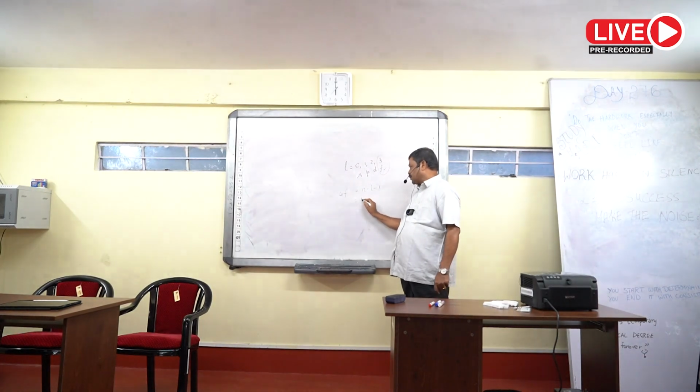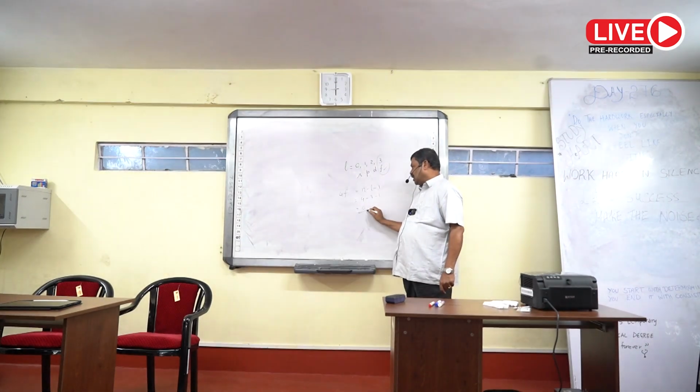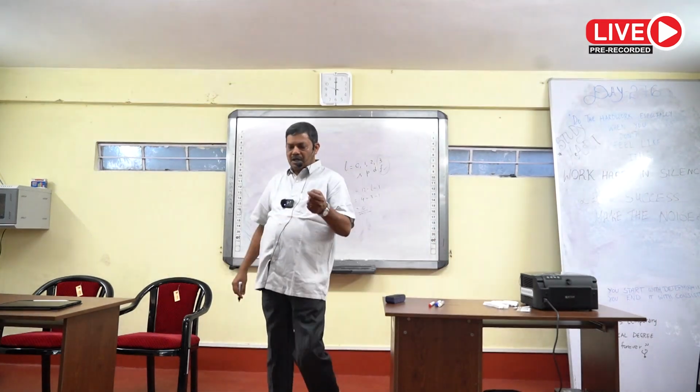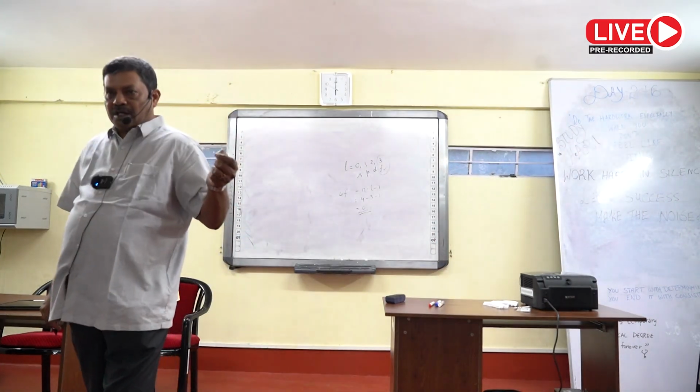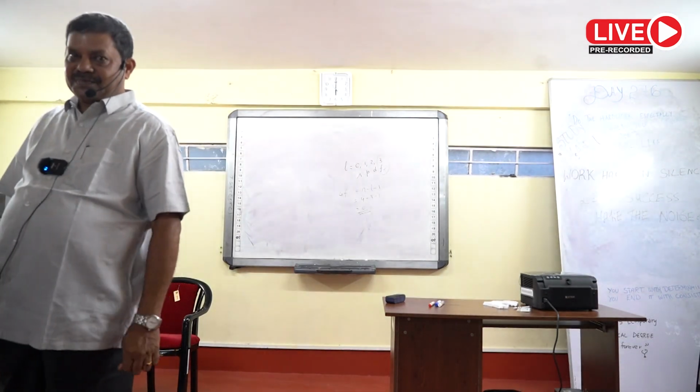The n value is 4, the l value is 3, so the answer is 0. They will give options like 1, 0, 2, 3, 4.